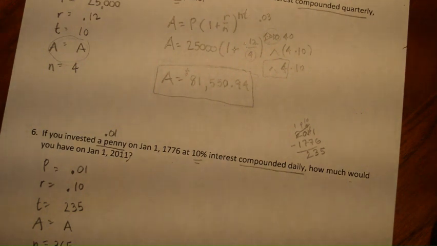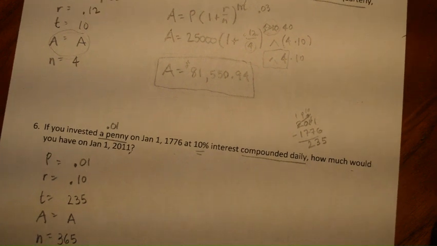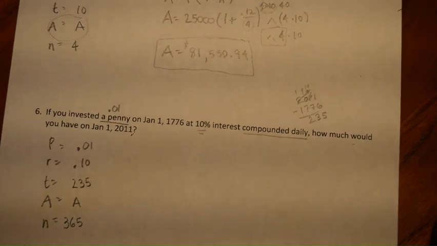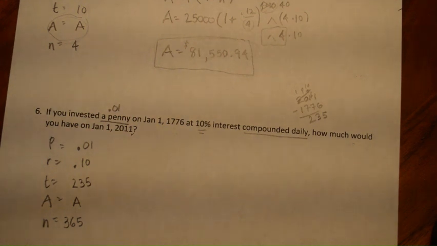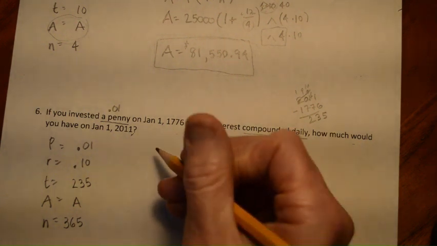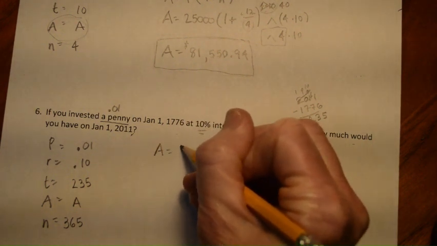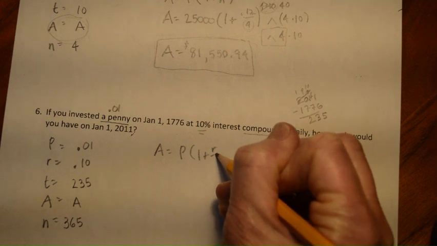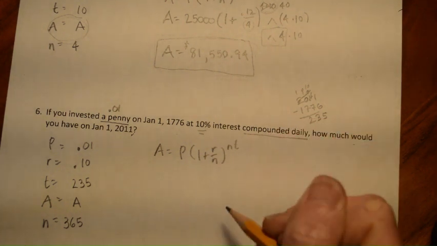So again, there's no right or wrong answer. I just want you to make an estimate before you do this. So pause and come back when you are ready. Okay, so hopefully you've come up with your guess. So I'm going to write the formula down. A equals P times 1 plus R over N to the NT.